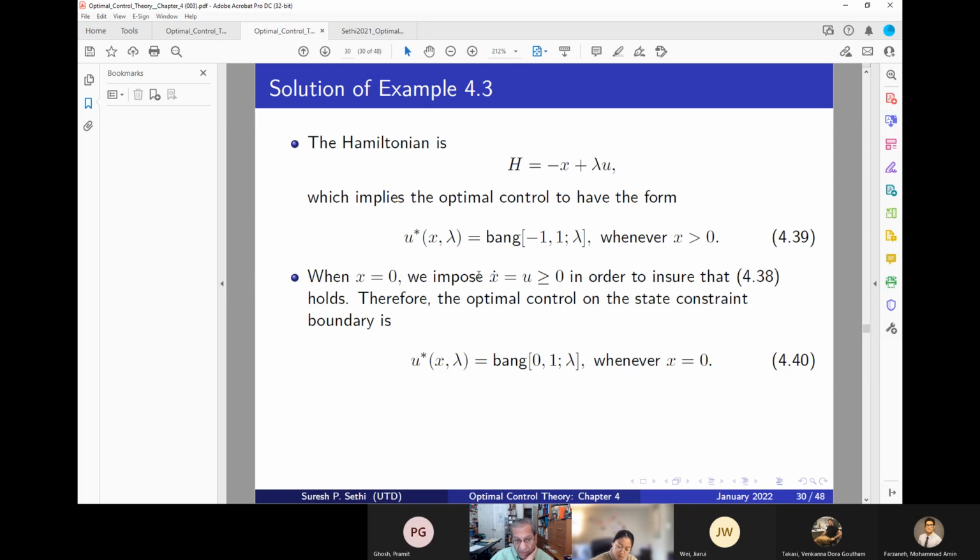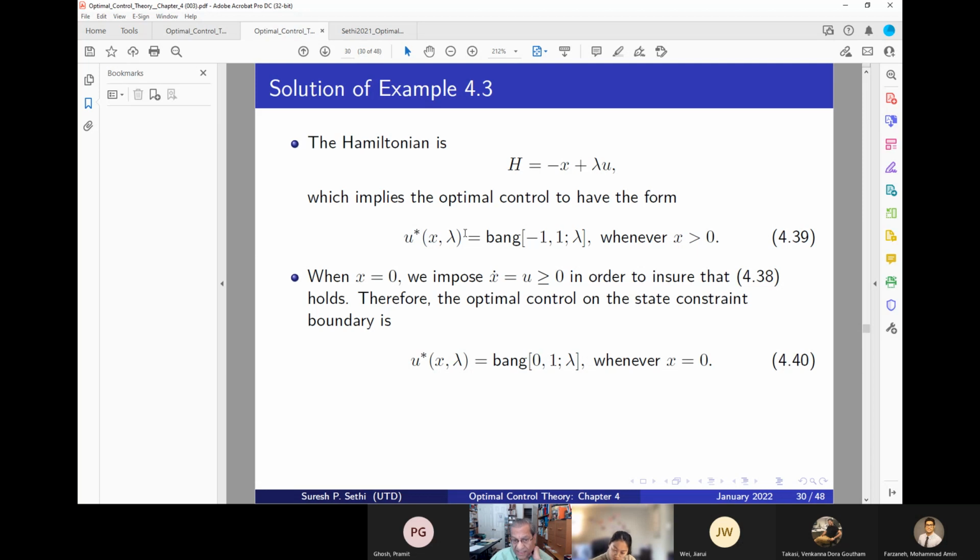So when x is equal to 0, we need to impose this constraint. X dot, which is u, has to be bigger than or equal to 0. Because we need to impose this constraint, when x is 0, I cannot use minus 1 because u has to be bigger than or equal to 0. So what I'm trying to say now is that this bang function has to be defined differently for x bigger than 0 and x equal to 0.